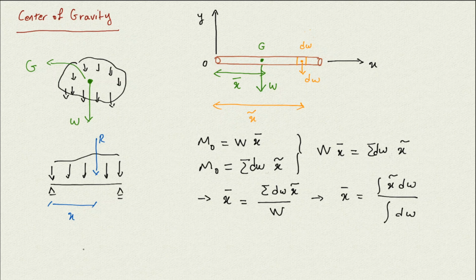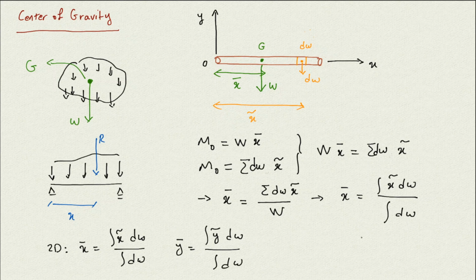The same way, if we have a 2D object, it's the same thing. In that case, x is the center of gravity in the x direction, and y is the center of gravity for the element in the y direction.